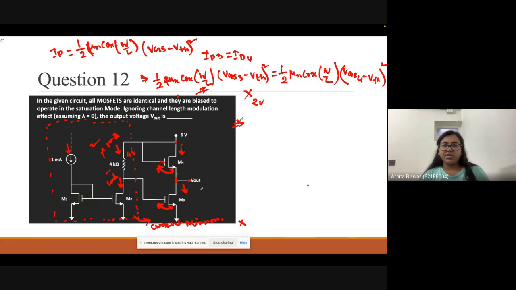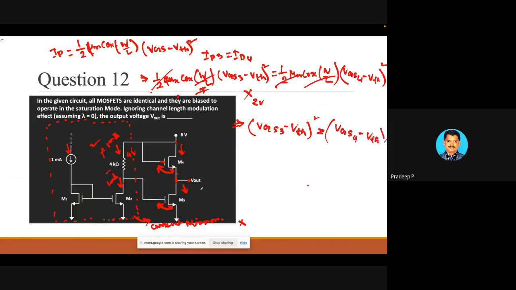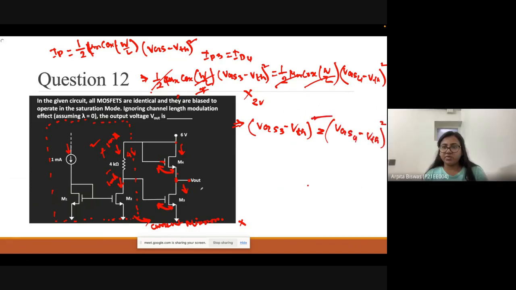Half of mu Cox W by L cancels out. So VGS3 minus VTH whole square on this side, VGS4 minus VTH on the right. The square also you can remove, and the VTH we will neglect.